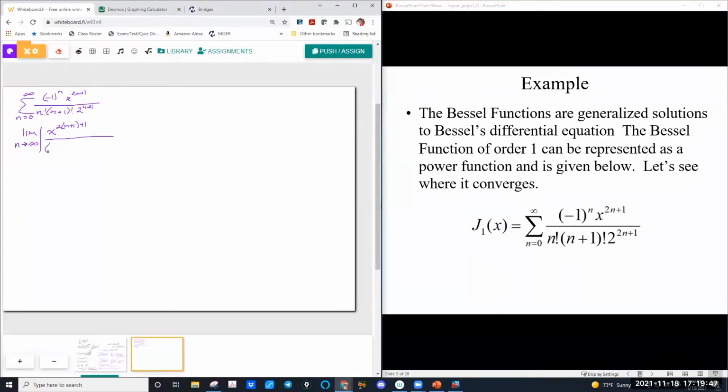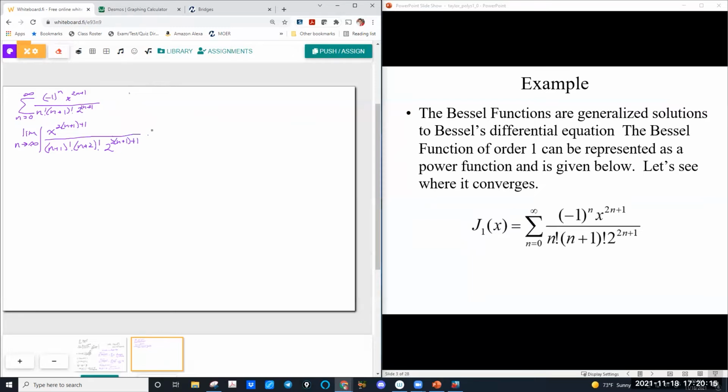This guy's going to be n plus 1 factorial. This will be n plus 2 factorial. And very similar to the top, this will be 2 to the, did I forget? Oh, sorry, this should have another 2 in there. 2 to the 2 times n plus 1 plus 1.